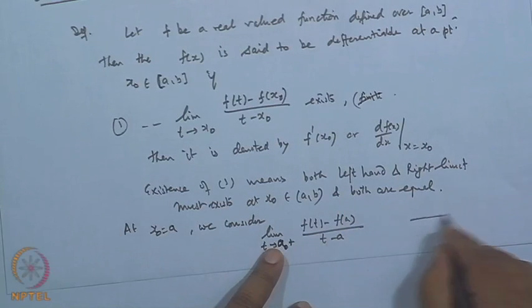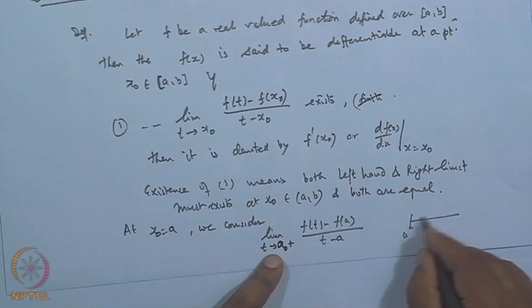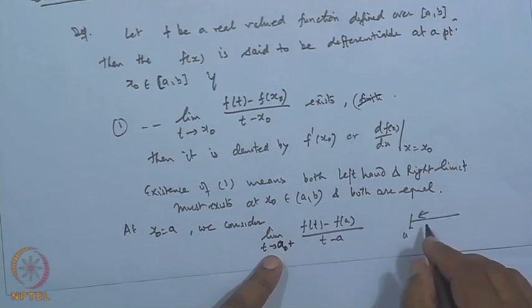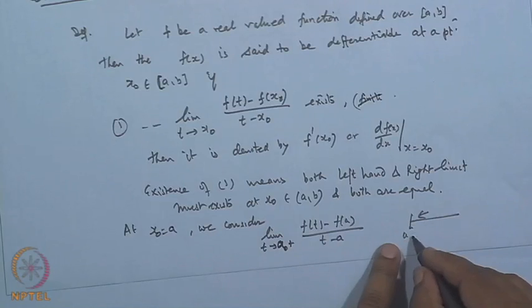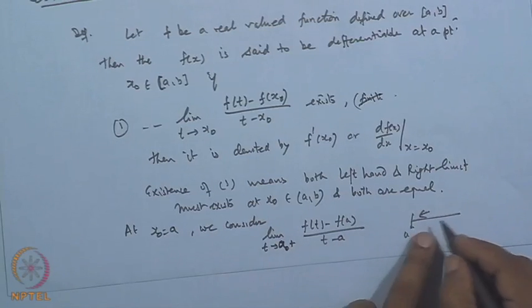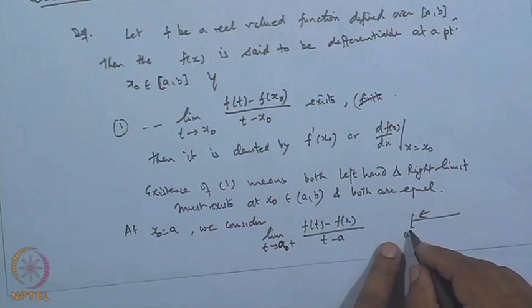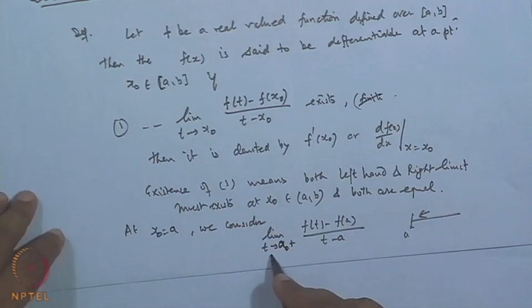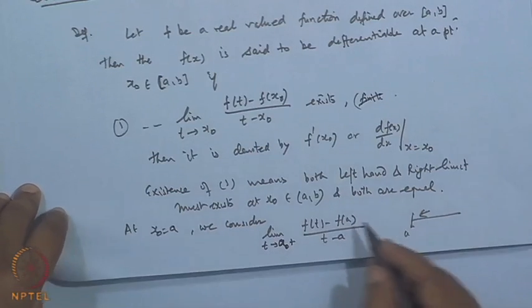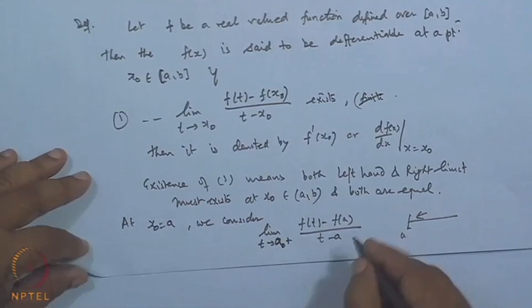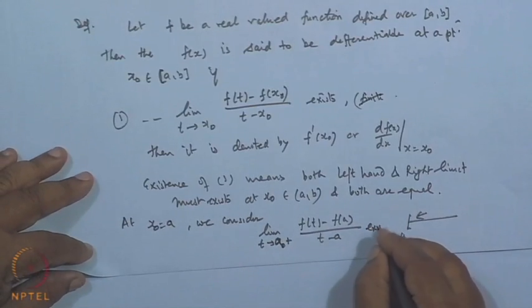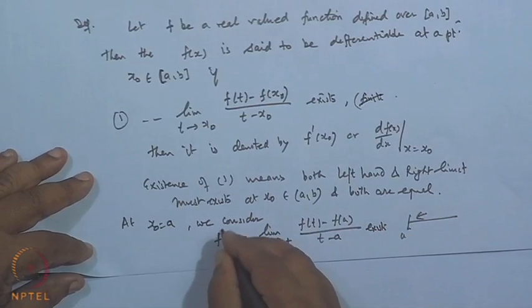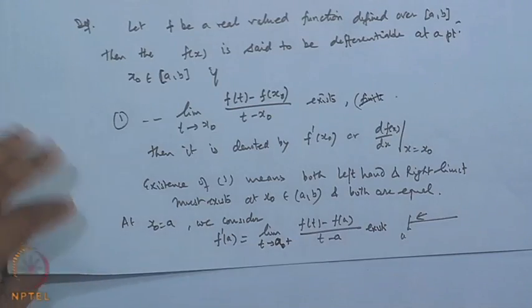In the interval (a, b), we look only at the points approaching a from the right hand side. If the right hand limit exists, then we say the derivative of the function exists at the point a.